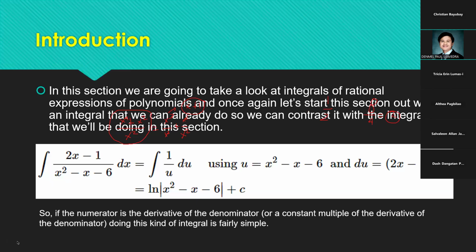All right, so let's proceed now to the next one. So in this section, we are going to take a look at integrals of rational expressions of polynomials. And once again, let's start this section out with an integral that we can already do so we can contrast it with the integrals that we'll be doing in this section. Okay, so this is an example of a proper fraction, correct?